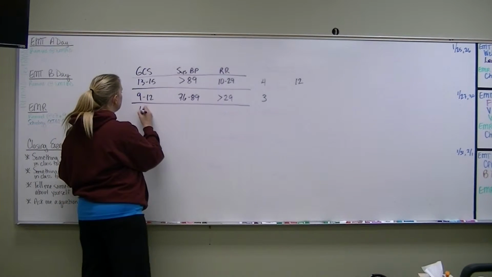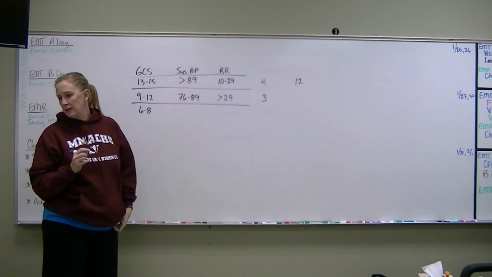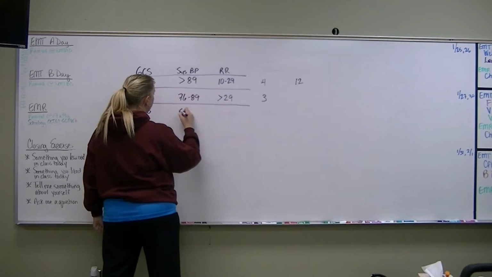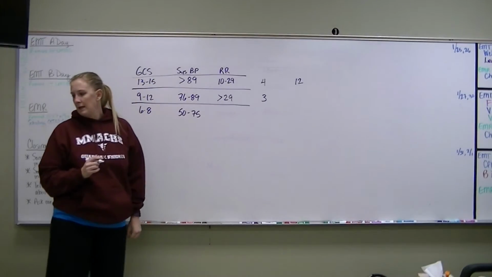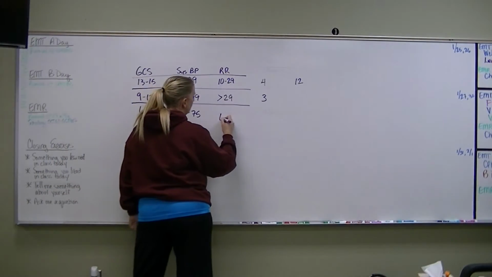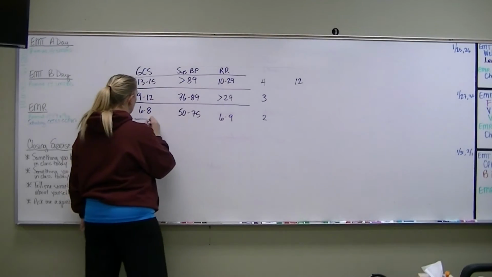If their GCS is 6 to 8, their systolic pressure is 50 to 75, and if their respiratory rate is 6 to 9, each of those categories would give them 2 points.